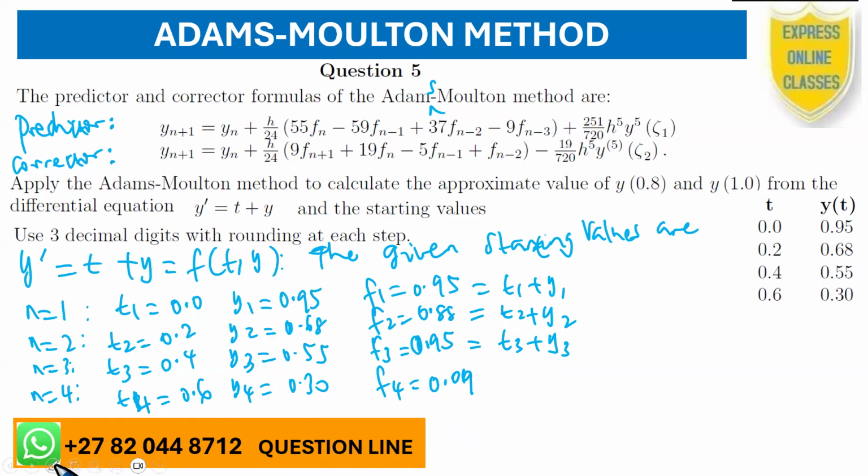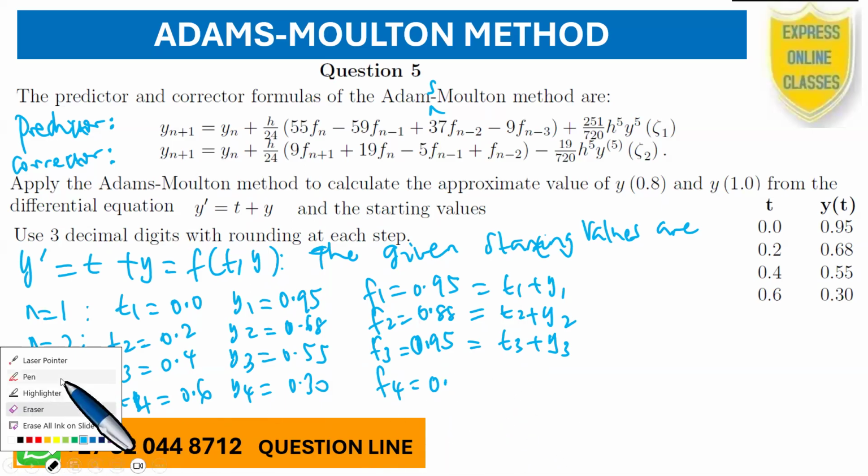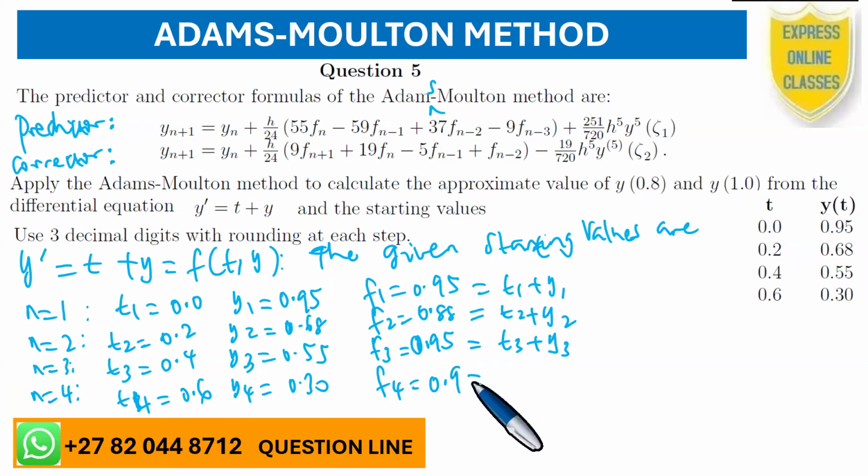Okay, now we then say here it's a 0.9. So, which is 0.9, but it's T4 Y4. So what is T4 Y4? It's 0.9. So we continue now and check this out.